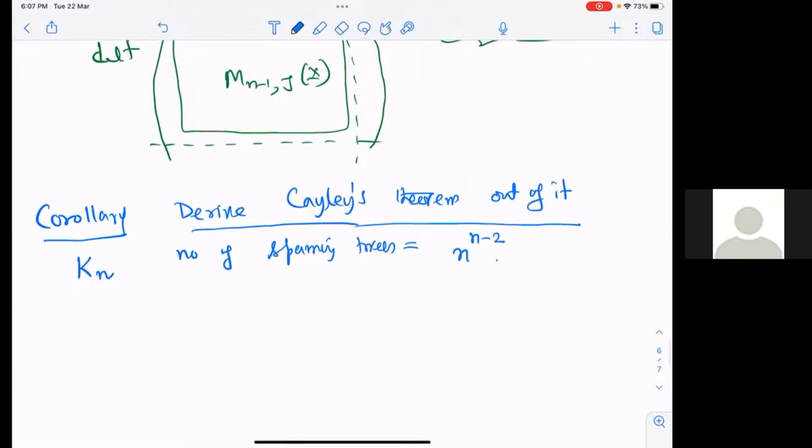So now how will you derive this from the theorem that we just discussed? For every spanning tree, you can think of it as rooted at n by putting the orientation properly.